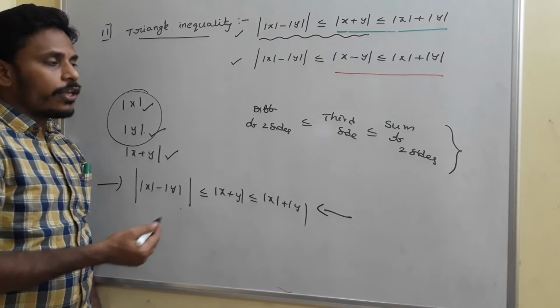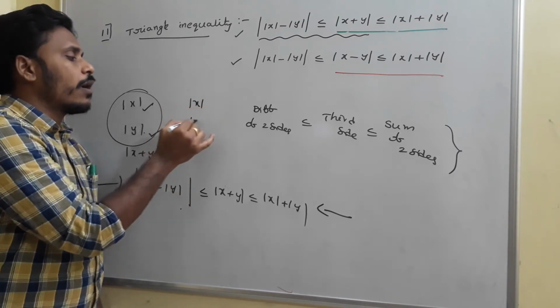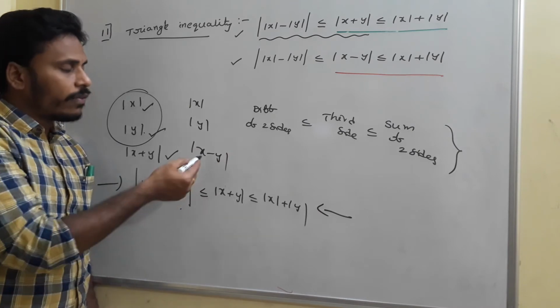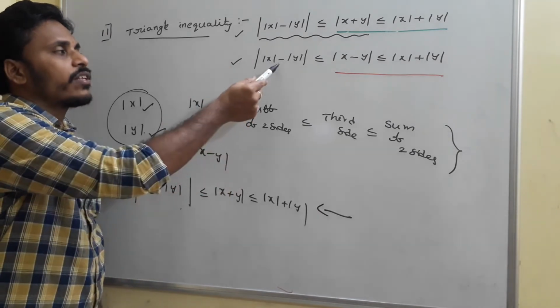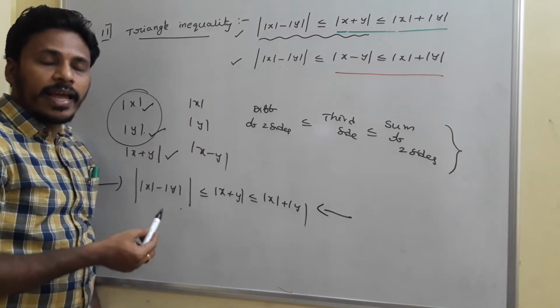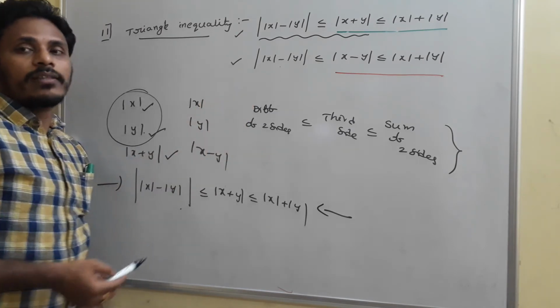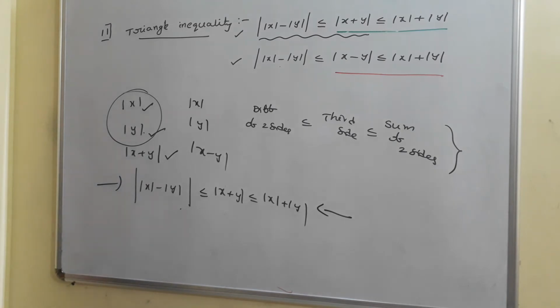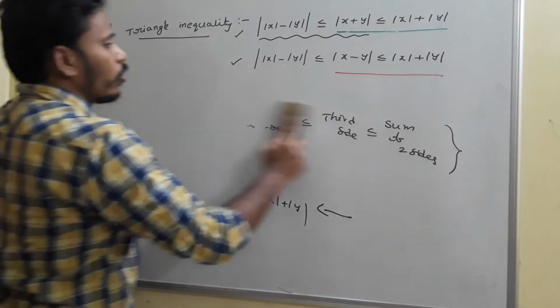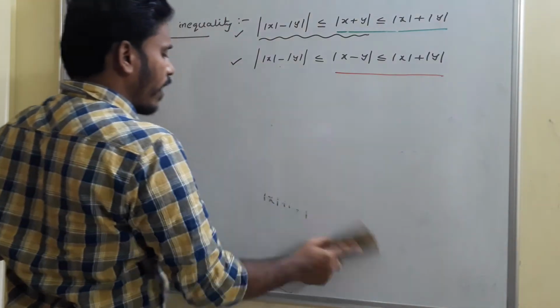Similar to the second one, if you suppose mod x, mod y, and mod x minus y as the three sides of a triangle, then we have that inequality. Again, this is similar to the triangle inequality, and that's why we call this the triangle inequality of the modulus. So at the end, with all the discussion, we proved and generated the triangle inequality of the modulus. So these are the two statements which relate to the triangle inequality.